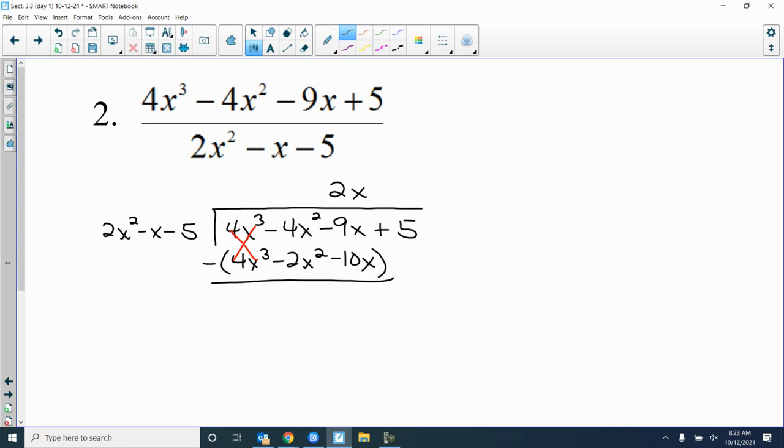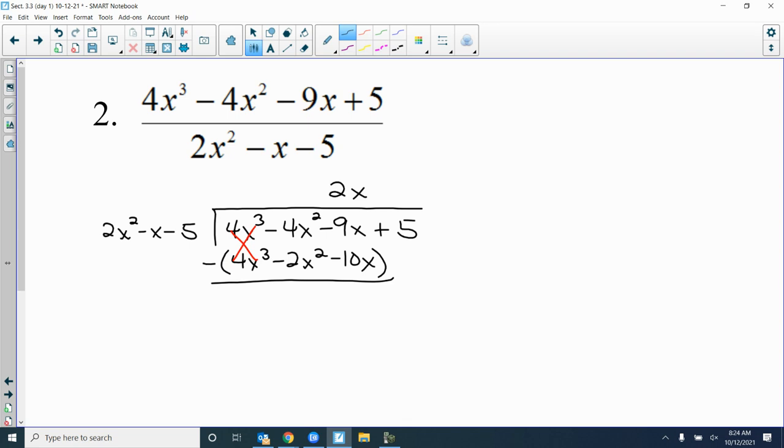Okay, then what do we have? Then would it be negative 6x? No, because you got to do negative 4 minus negative 2. You got to treat that as you're subtracting everything, so it's going to change all those signs. So what's that going to make that?